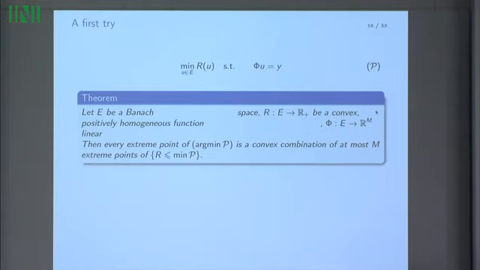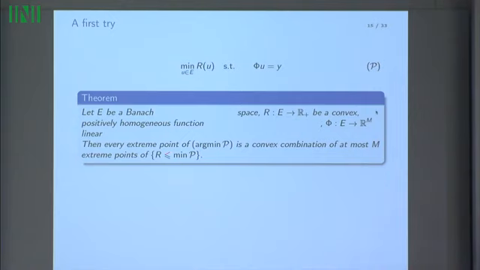Phi is assumed to be linear, and we would like to have that every extreme point of our solution set is a convex combination of at most m extreme points of the sub-level set associated to the regularizer, and which is less than the minimal value of P.